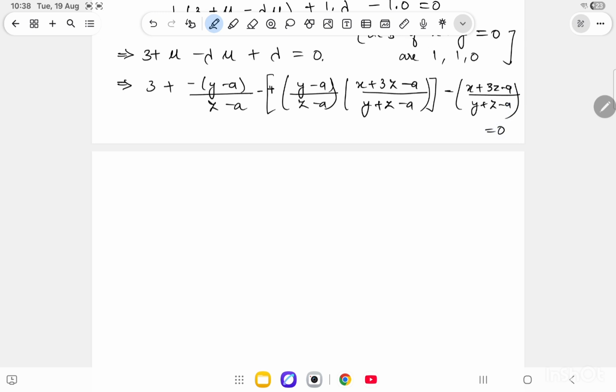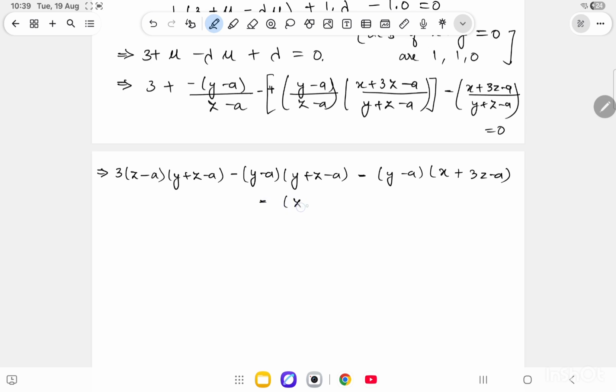So if I simplify it, I'll get 3z minus a, y plus z minus a, minus y minus a into y plus z minus a, minus of y minus a into x plus 3z minus a, minus of z minus a into x plus 3z minus a equals to 0.